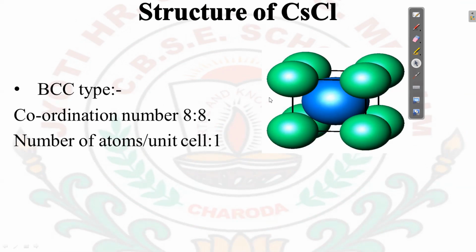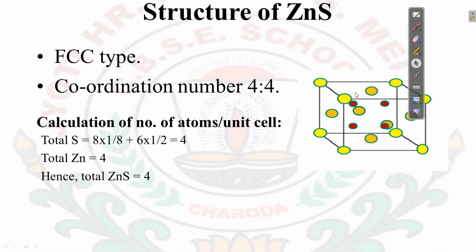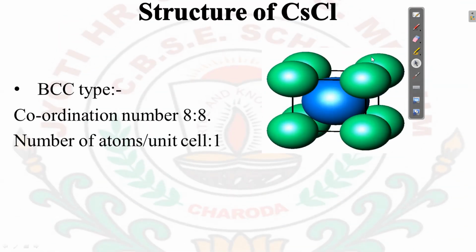Let's take another example, CsCl. For CsCl, you will see 4 Cl, 4 Cl, and 1 Cs at the middle body center. Four chlorine atoms are at the top and four at the bottom, and the Cs is joined with all eight of these chlorine atoms.